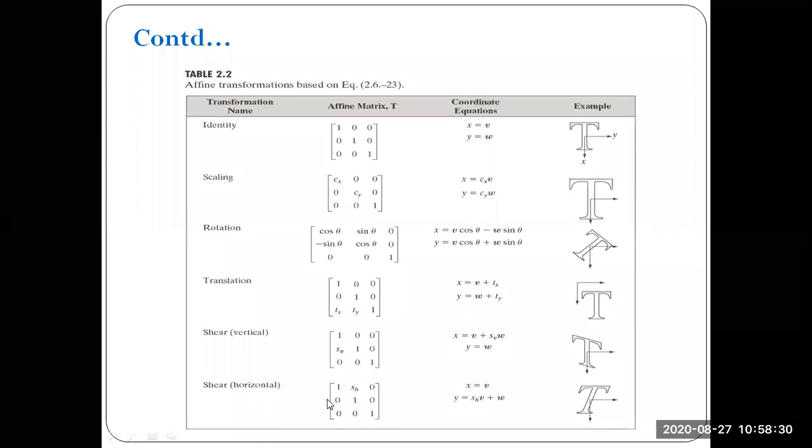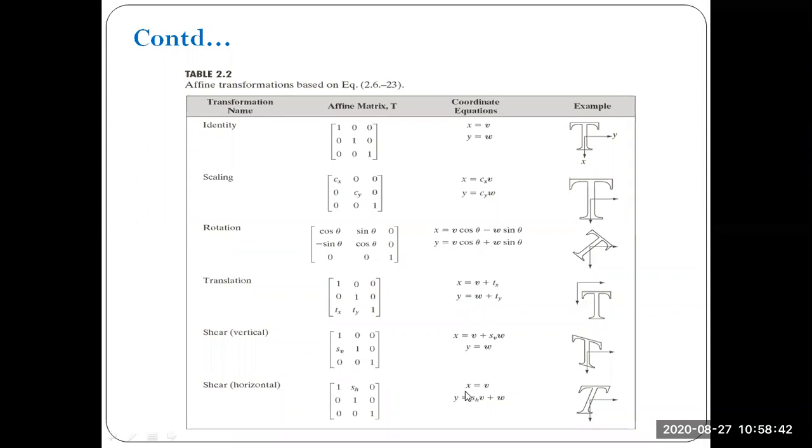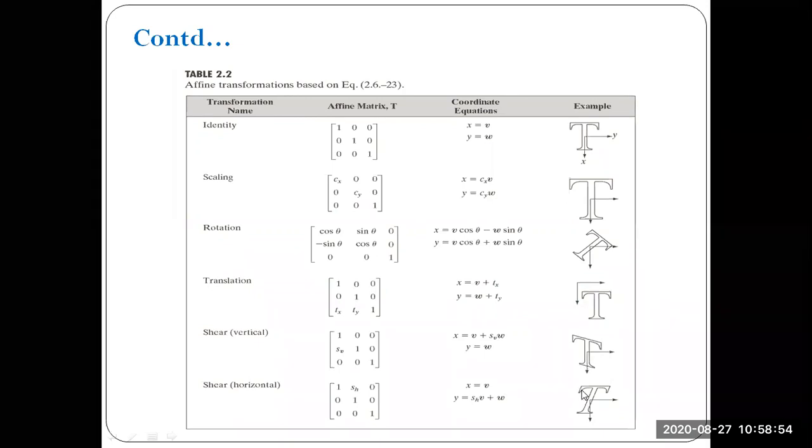In the last case, the horizontal case, you place S suffix H. S suffix V is vertical shear, S suffix H is horizontal shear. If you multiply this with your image, you get x equals v and y equals S suffix H v plus w. And T will be modified like this. This is vertical shear, and this is horizontal shear.